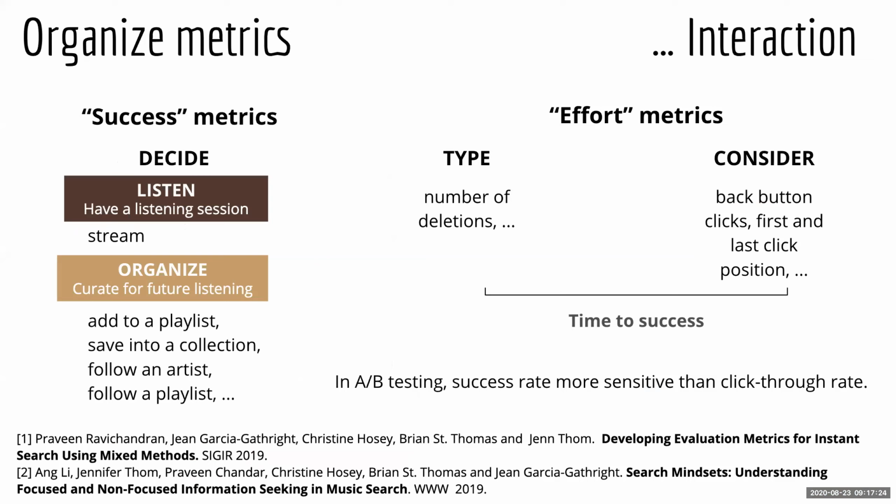And actually, what we did, we looked at those stream, the listen, and the organize, put them together as success metrics. And when we ran A/B tests, they are more sensitive than just looking at the click-through rate. So again, organizing is a stronger action than, for example, just streaming. It's going even up to contribution, one of the level metric I discussed earlier.